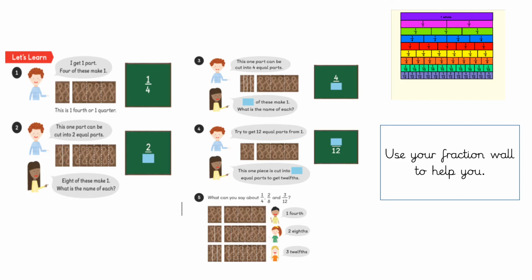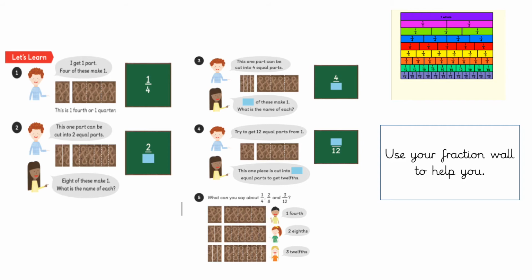Let's have a look at number 3. The boy said, I have 4 parts, but this one part can be cut into 4 equal pieces, but I still have 1/4. So, what must my denominator be?